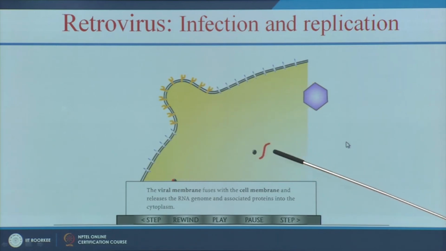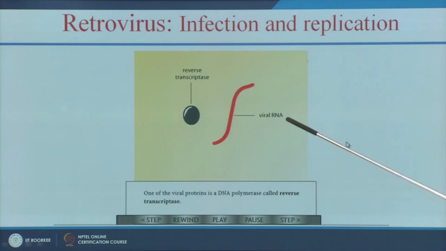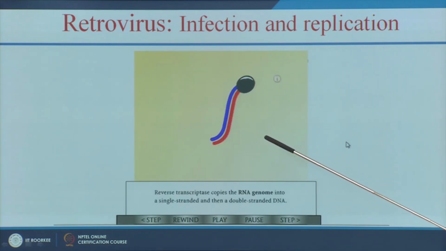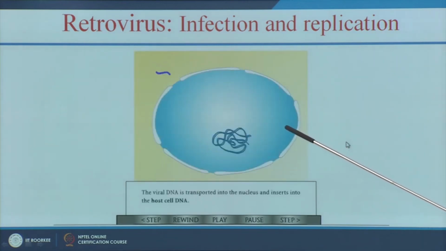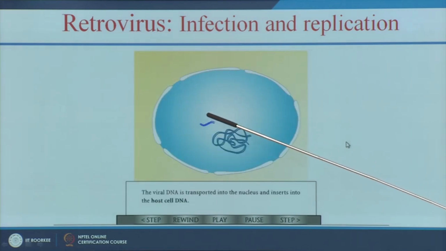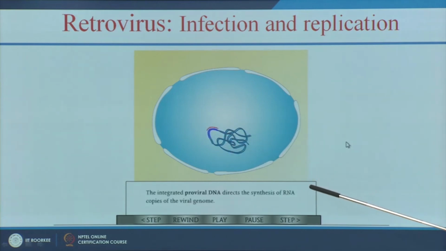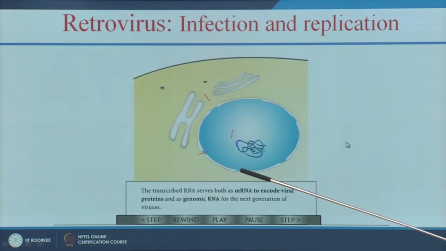Once it is attached, it releases the nucleic acid, and the nucleic acid is copied, and this nucleic acid goes and integrates with the mammalian cell genome. And it is making multiple copies of the viral genetic material.